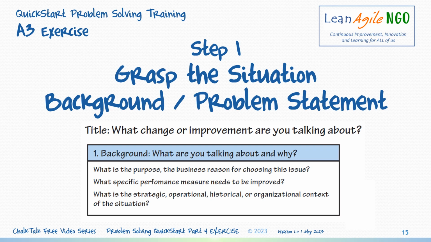Does it subtly point to whatever or whoever is to blame? Does it repeat the stories you've already played over and over in your head again and again about the problem? These are all common tendencies that we need to learn to work with. As I explained in the overview section of this exercise, reaching agreement on a first draft of a problem statement is usually a great icebreaker for a team.